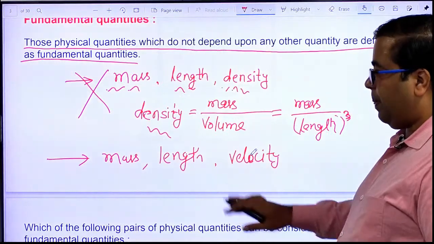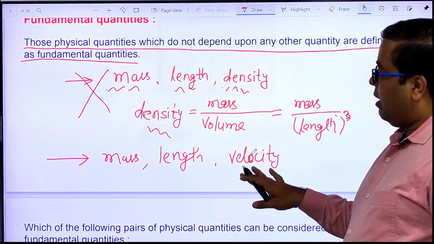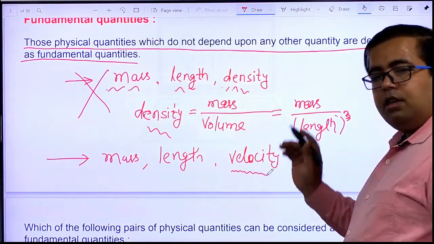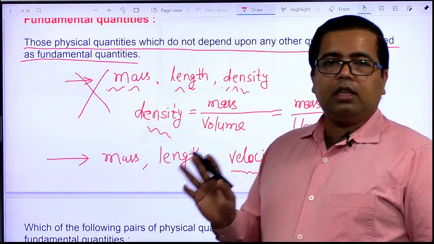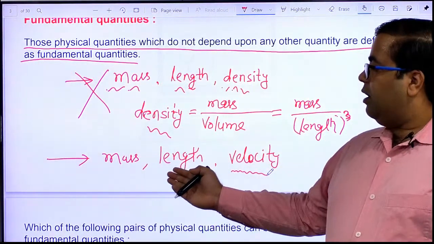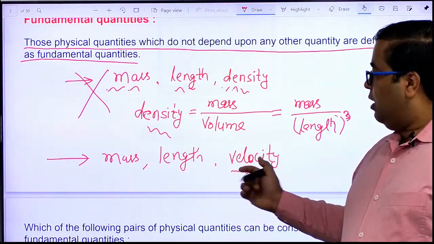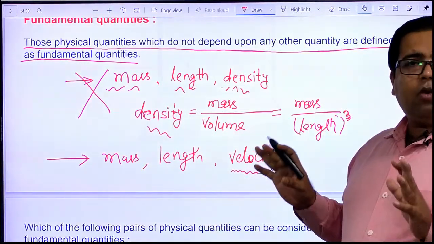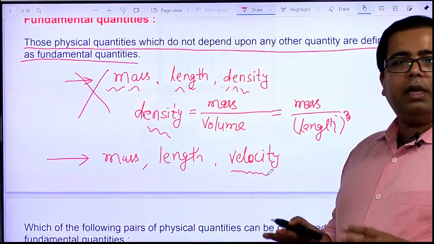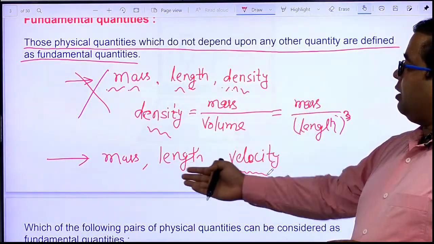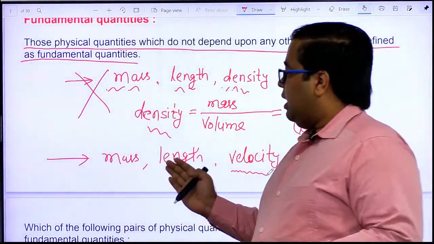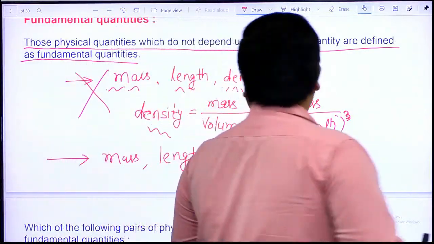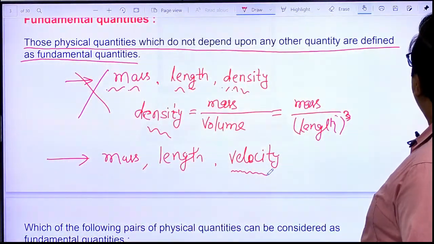Just see, if you want to derive velocity, velocity is displacement by time, or you can say length by time. You don't have time here. That means velocity can never be derived using mass and length. All three quantities are independent from each other and they are not derived using each other. That means mass, length and velocity can be taken as fundamental quantities. So this is the basic property of the fundamental quantities.